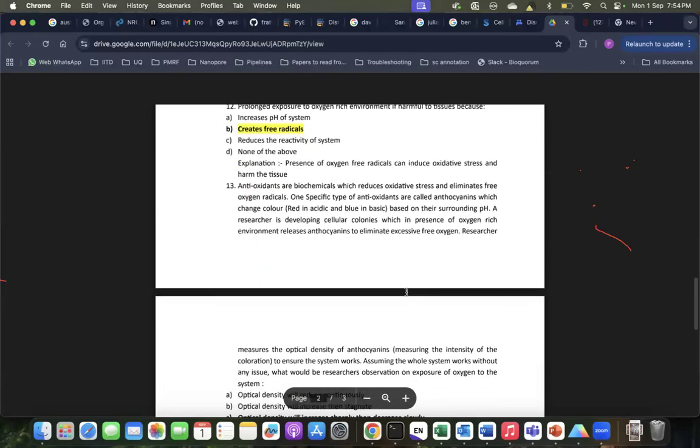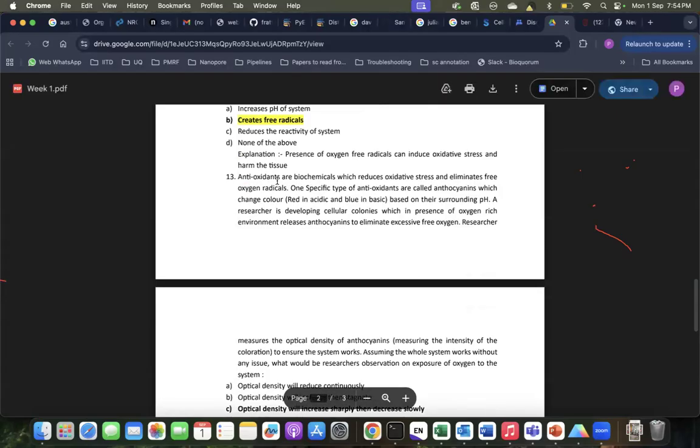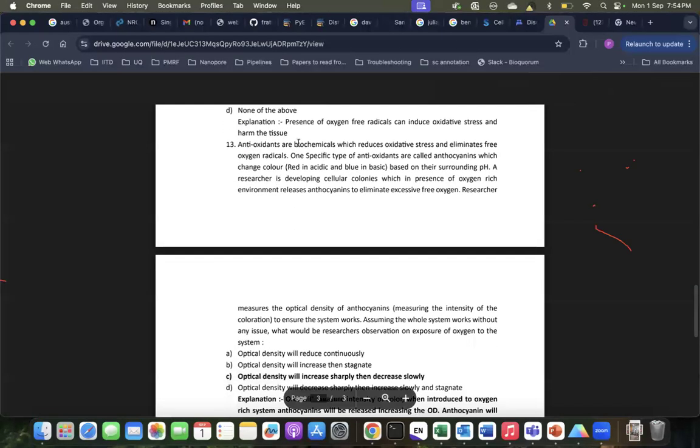And then question 13, which was this antioxidants one. So again, antioxidants are what reduce the oxidative stress and they eliminate free radicals. One of these is anthocyanins, which also is an acid-base indicator. So it's red in acidic and blue in basic, based on the surrounding pH.